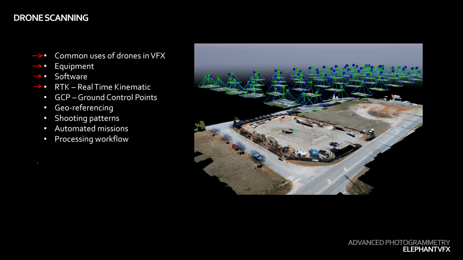The only reason we're not going to be using real-time kinematic in this course is because I cannot afford it. Kind of the same thing that I mentioned before about LiDAR scanning, right? I do not own any RTK equipment. That is extra hardware that you need to use in conjunction with your drone. And same thing, I don't own it. I would have to rent it.